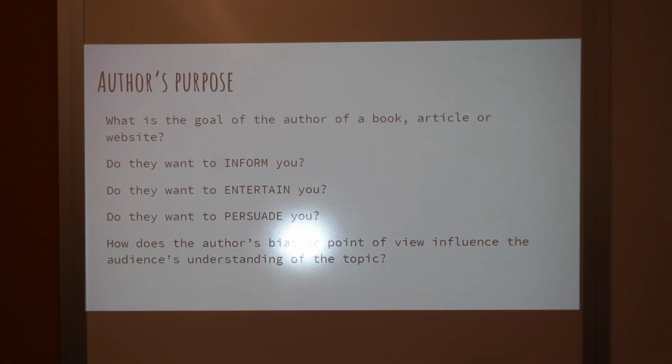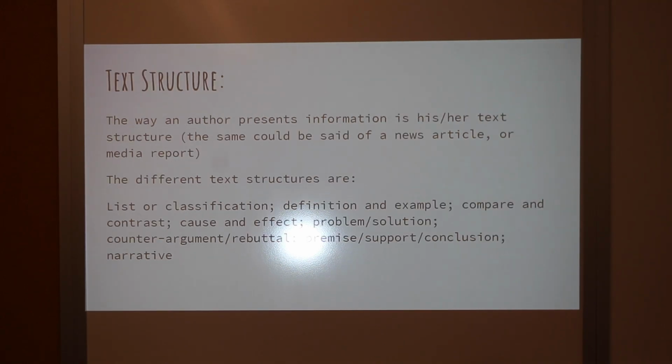The author also has a purpose when writing a book, or when writing an article, or when doing a news story. Do they want to inform you? Do they want to entertain you? Do they want to persuade you? How does the author's bias or point of view influence the audience's understanding of the topic? Looking at text structure, the way an author presents information in his or her text, the same could be said of a news article or media report.